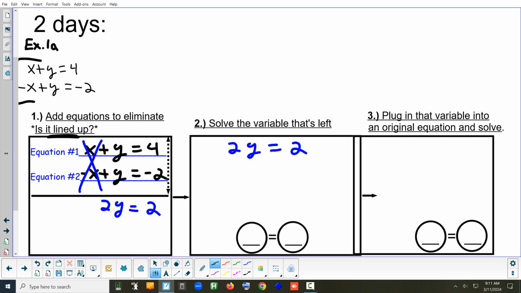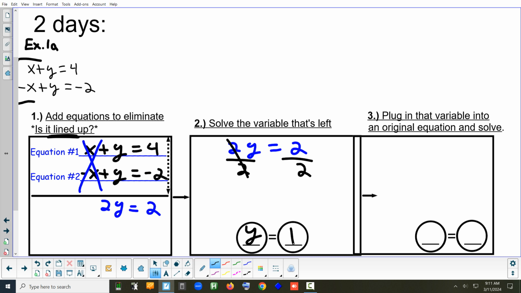How do you get rid of that 2? Divide on both sides. And what do we divide both sides by? 2. What's 2 divided by 2? They cancel out because you get 1. So now you have 1y equals, and what's going to go on the other side? 1. 2 divided by 2 is 1. There we go.